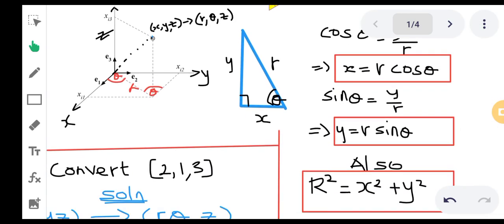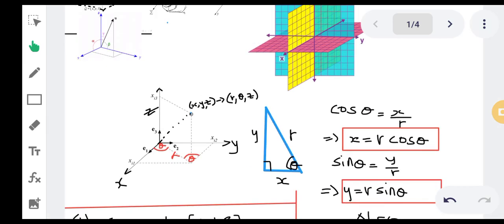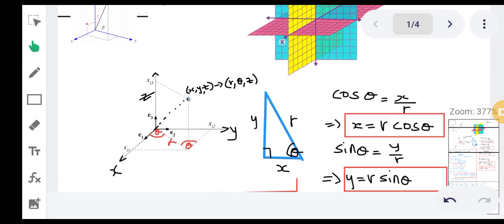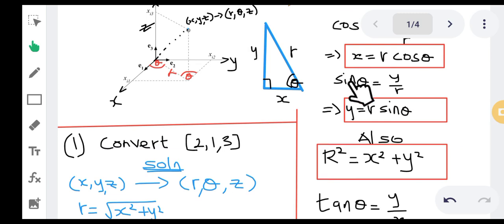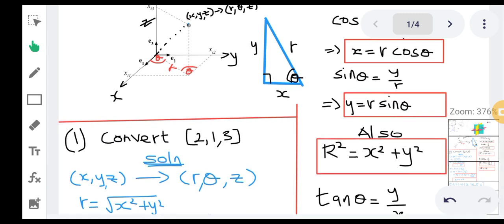We can derive a relationship between theta, r and x. Cos theta is equal to x over r, so x will be r cos theta. Sin theta is y over r, so y will be r sin theta.